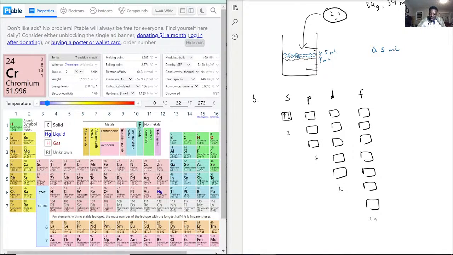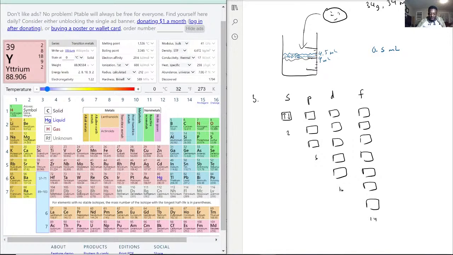Now, how does that apply to specifically getting to the periodic table? So the S's, these two, are specifically for the first row, the alkali metals. So hydrogen, lithium, sodium, potassium, and it keeps going on.